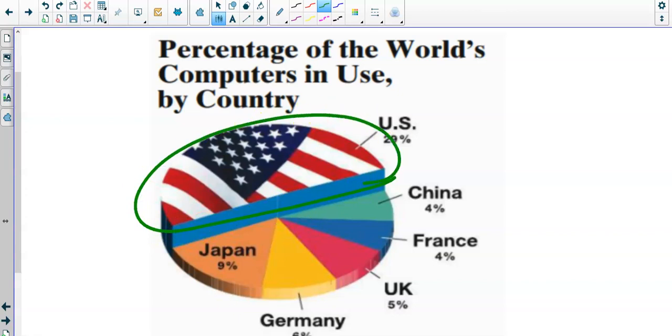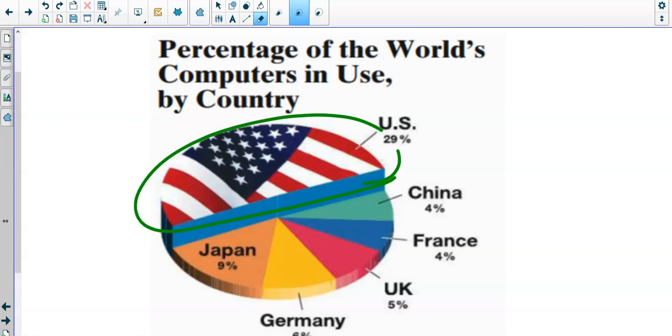Half of the pie chart is America, yet our percentage is only 29%. That makes no sense. How could half of the pie chart be 29%? That's what's deceiving about this.